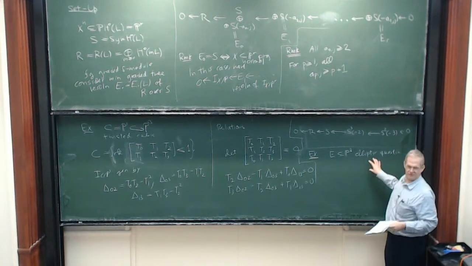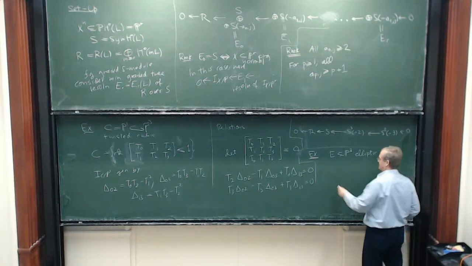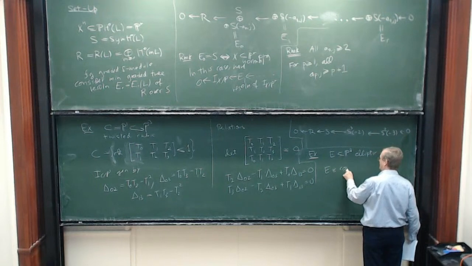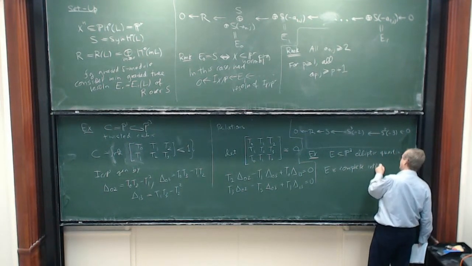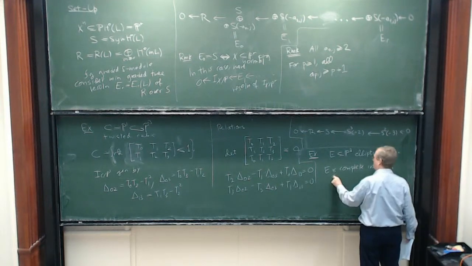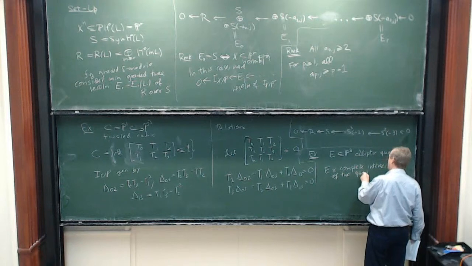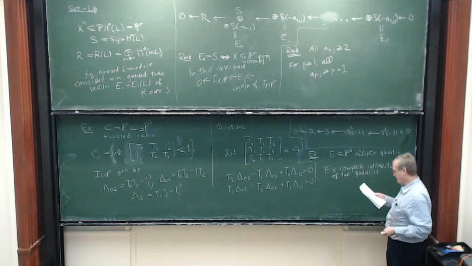An elliptic curve of degree 4 is the complete intersection of 2 quadrics, as is well known. So E is, again, projectively normal. E is the complete intersection of 2 quadrics. And so now the resolution is just the Koszul resolution of a complete intersection.